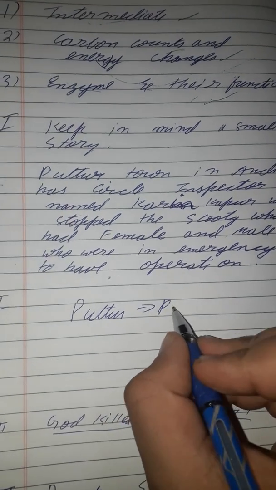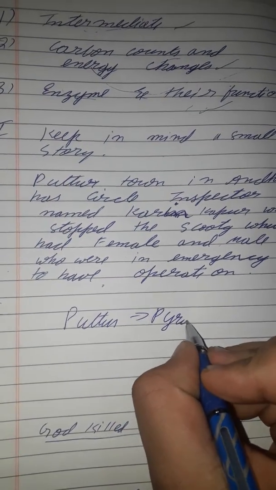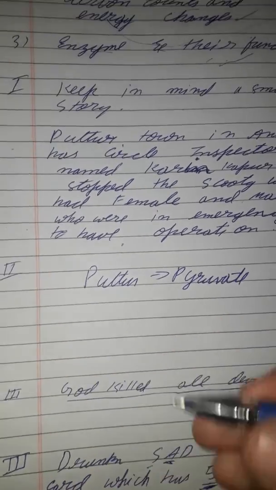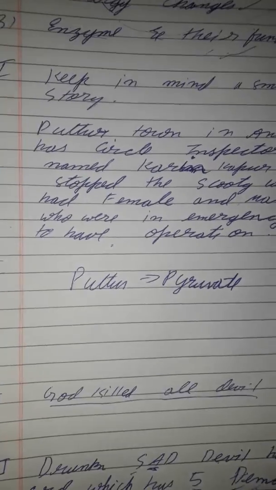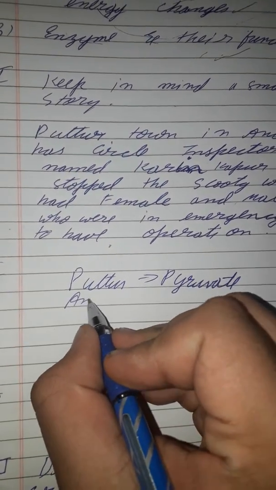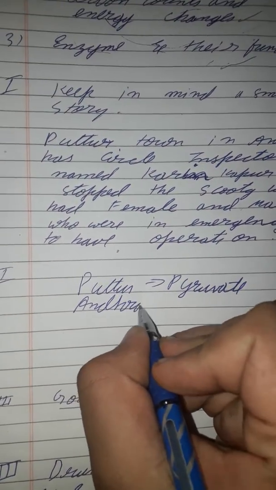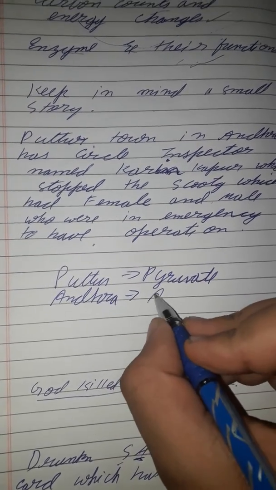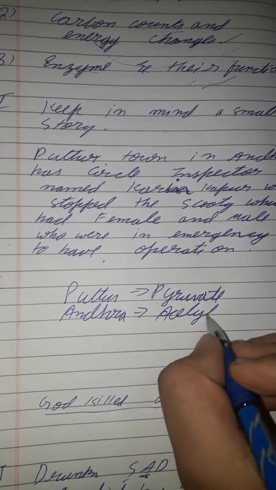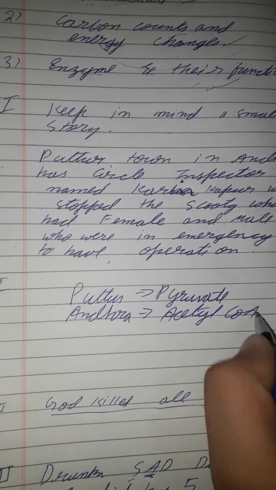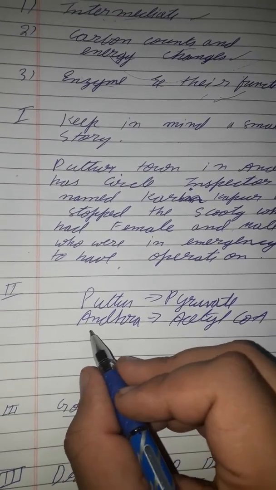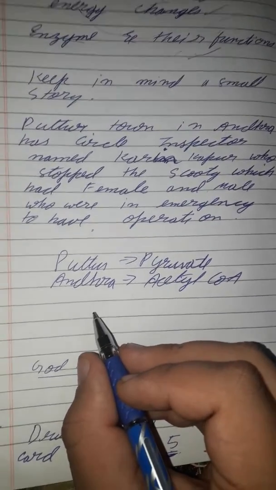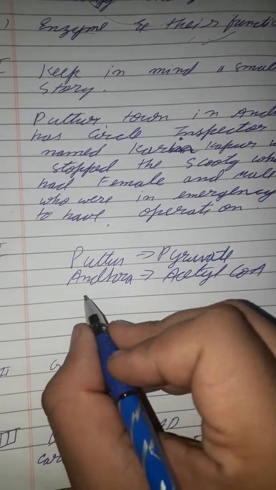Puttur helps us remember pyruvate. Next, the state was Andhra. Andhra helps us remember acetyl coenzyme A. Next thing was the circle inspector.